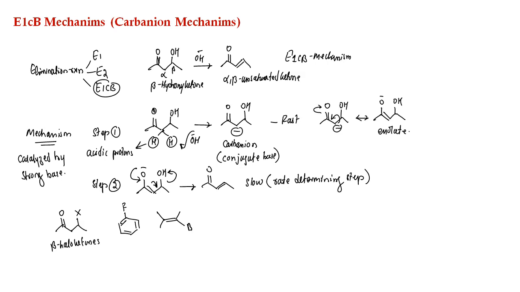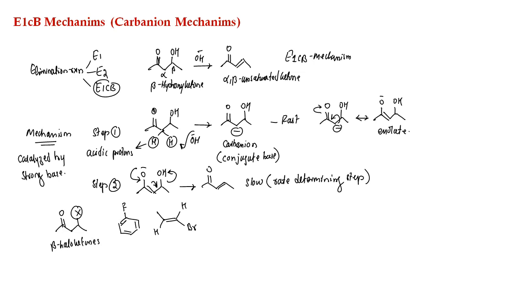This is an alkyl halide. And another important category where the E1cb mechanism operates. Usually for the E1cb mechanism the beta position should have a group that could stabilize the carbanion. Any such group that could stabilize the carbanion can facilitate the E1cb mechanism.